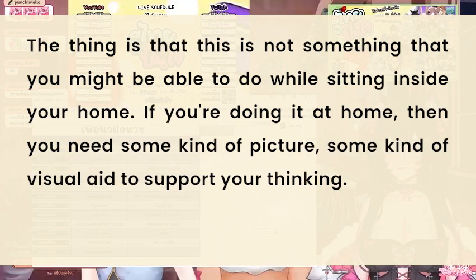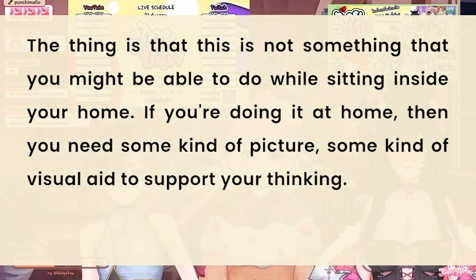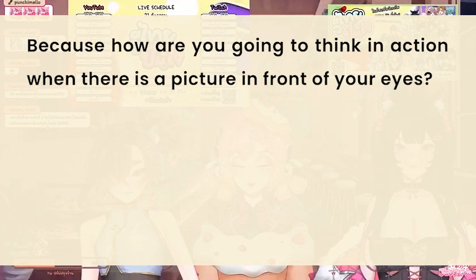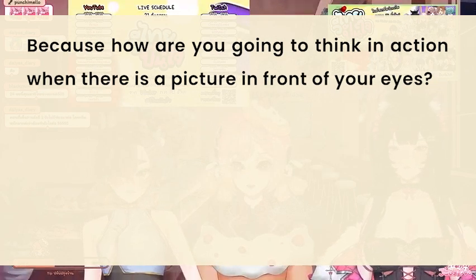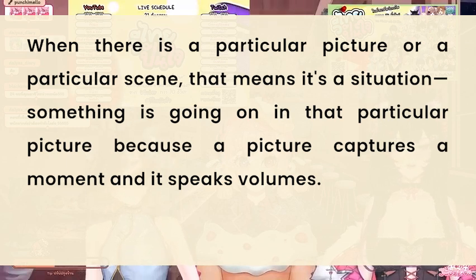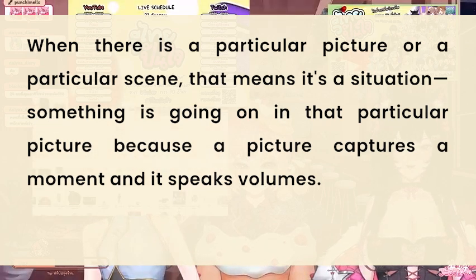The thing is that this is not something that you might be able to do while sitting inside your home. If you're doing it at home, then you need some kind of picture, some kind of visual aid to support your thinking. Because how are you going to think in action when there is a picture in front of your eyes? When there is a particular picture or a particular scene, that means it's a situation.